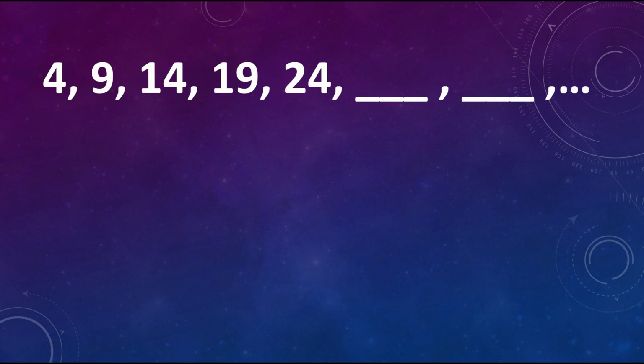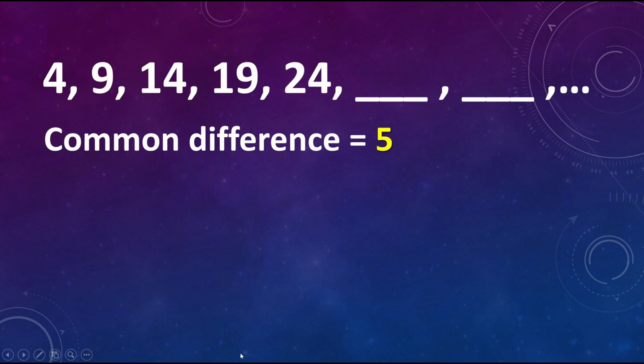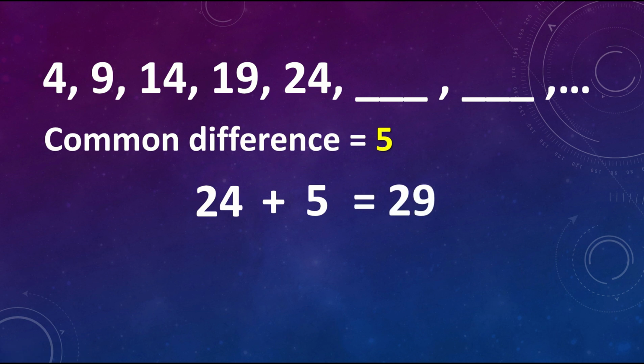So for us to get the next terms of the arithmetic sequence, we just need to add the common difference, which is 5, to the last term of the sequence. So we will have 24 plus the common difference 5, so that is equal to 29. So therefore, 29 is the next term of the arithmetic sequence.